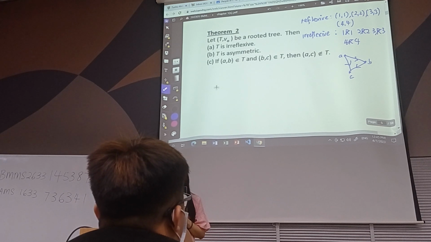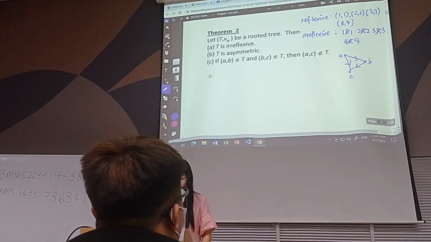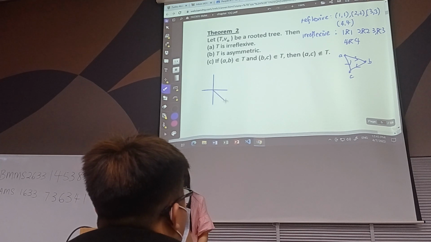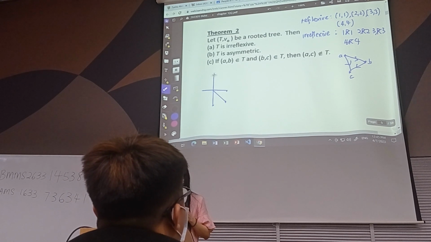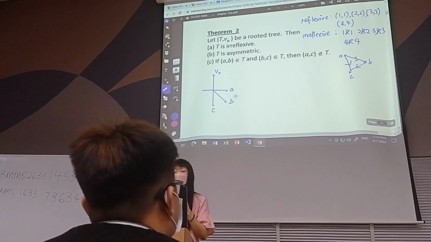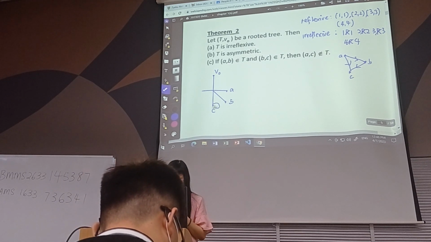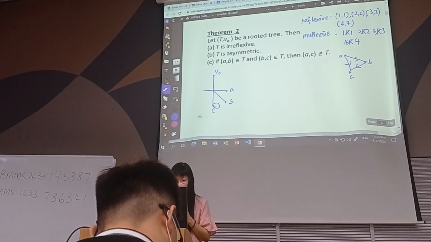So I give you the example. If this is the V0, this is A, B, and C. So if, let's say, at the C here I have a loop back to C, then this one is not a tree.